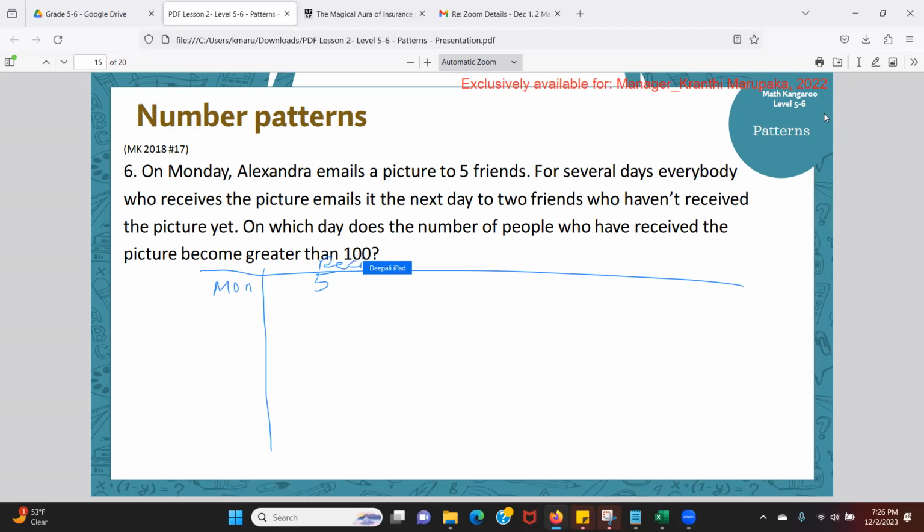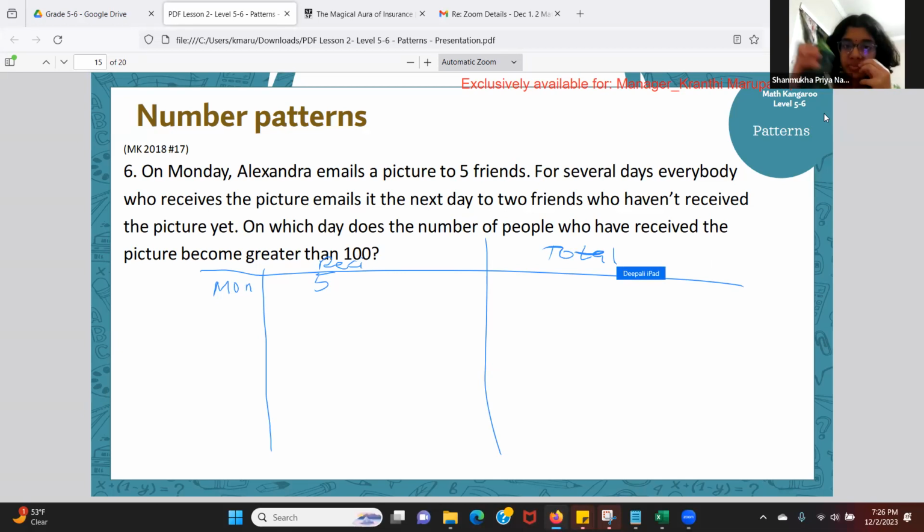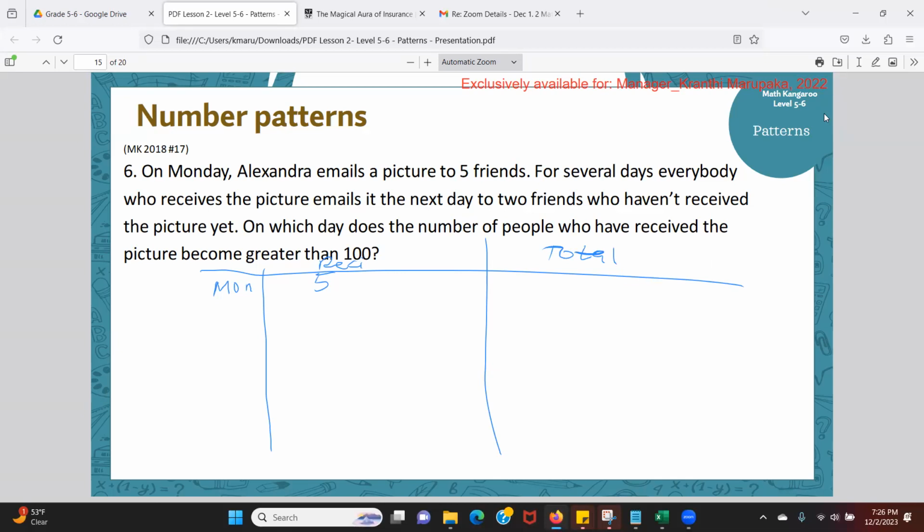And then this one is how many total, the number receiving the picture, and then the total, you have to add it as you go. So here we have 5. And then on Tuesday, since those 5 people each send it to 2 friends, they send it to 10 people. So the total is now 15.